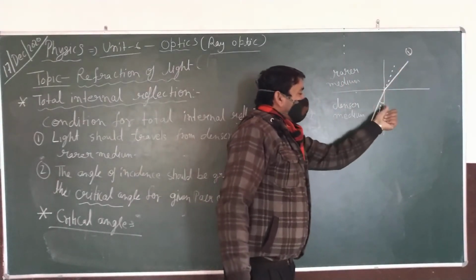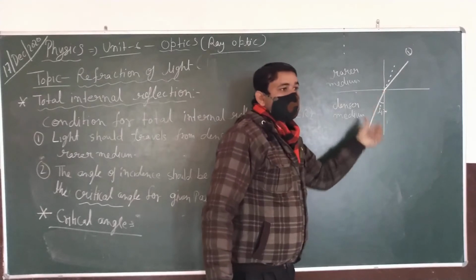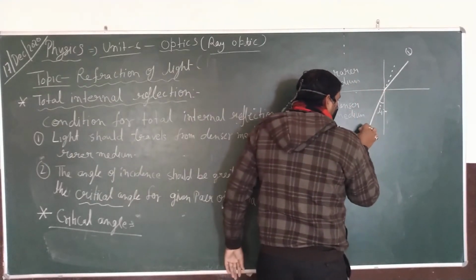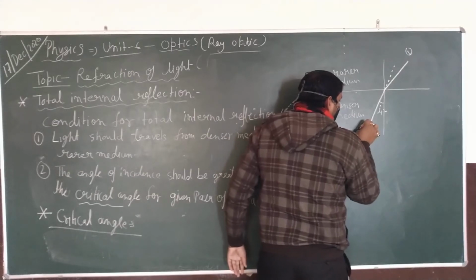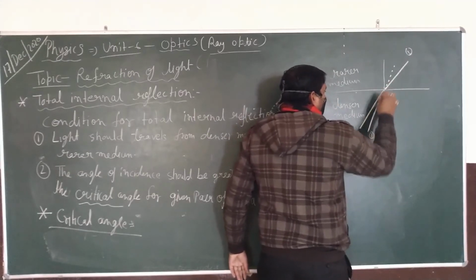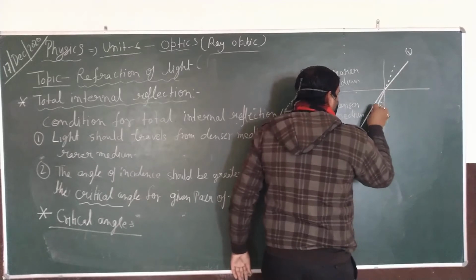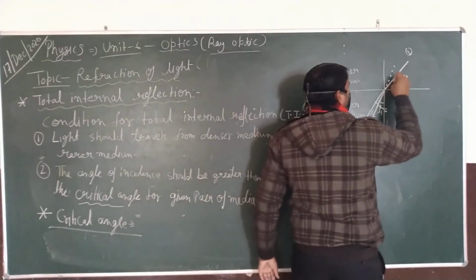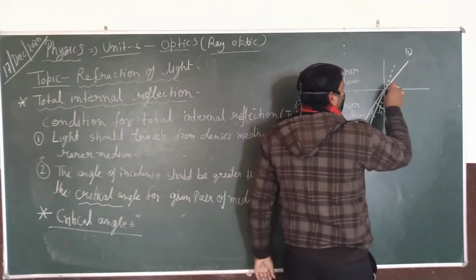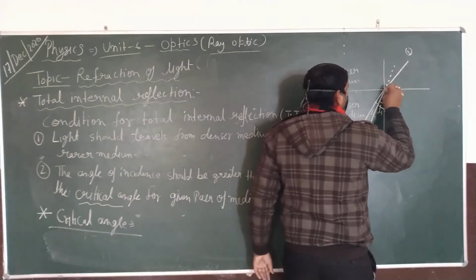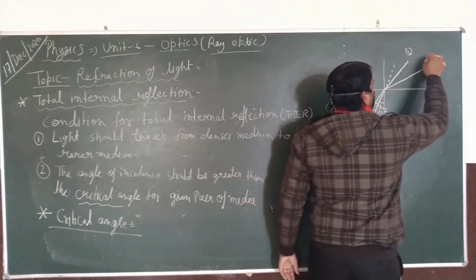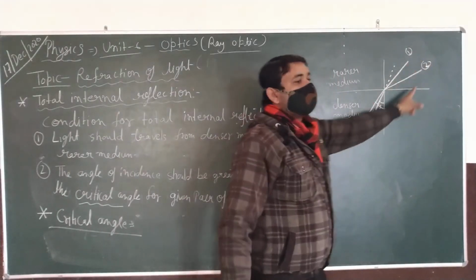If we increase the angle of incidence for the given pair of media, like the second ray traveling with angle of incidence I2, we find that this is the actual path, and because it emerges from the denser to the rarer medium, it bends away from the normal.